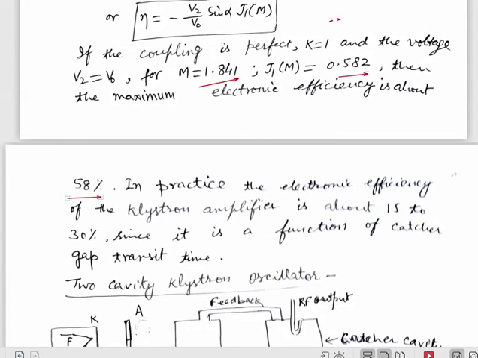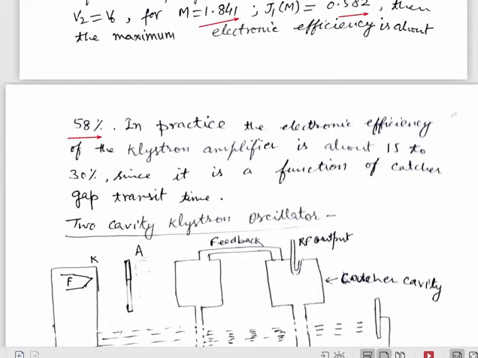This is the ideal and theoretical value, but in practice, since voltage V2 is small as compared to V0, and also the coupling coefficient K is not unity, it is less than 1. So the actual electronic efficiency of the two cavity klystron amplifier comes out to be only about 15 to 30%.